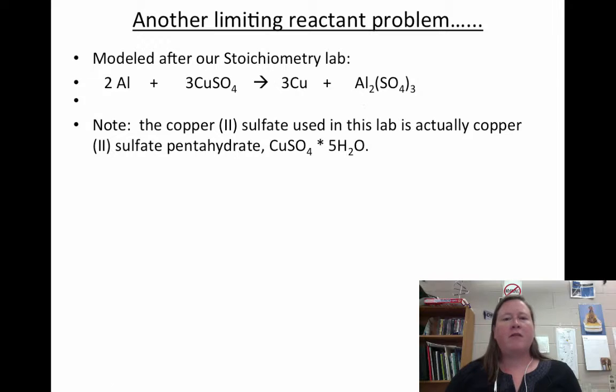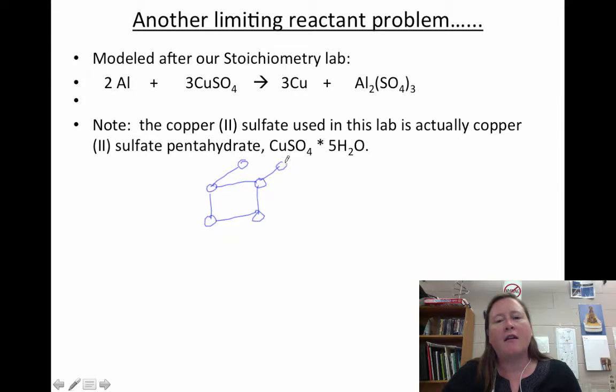Now, something about this, the copper sulfate used in the lab was actually copper sulfate pentahydrate. So what this means is that in the molecular structure, if you have atoms connected in a crystalline lattice in a very ordered and organized way, in this lattice, there are water molecules that are just stuck.